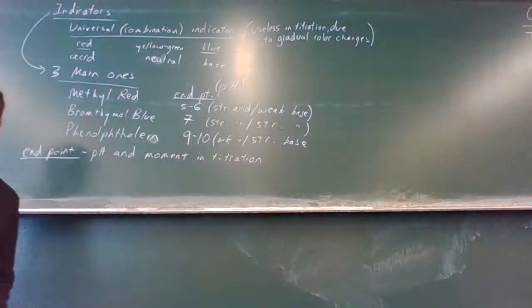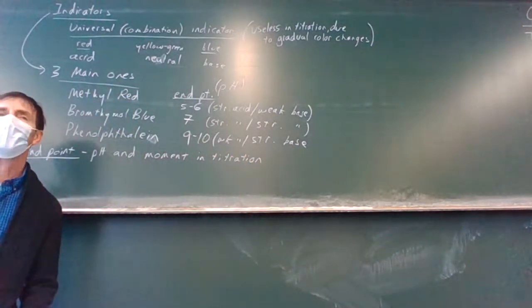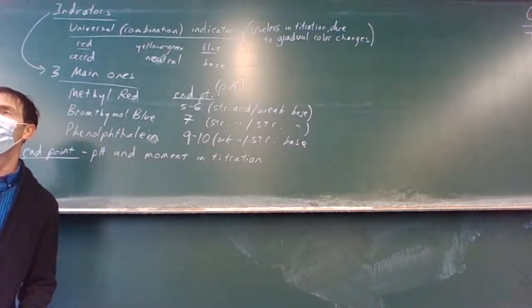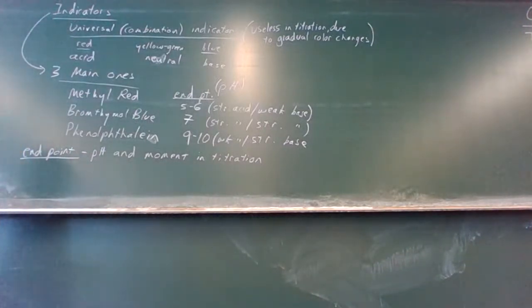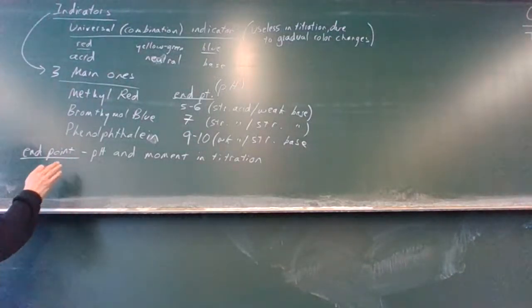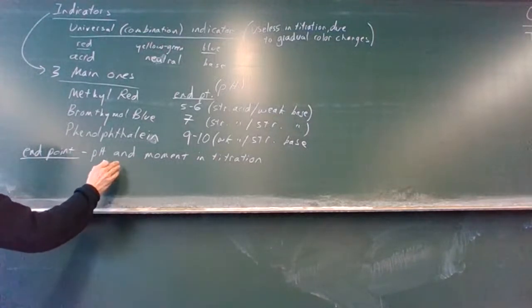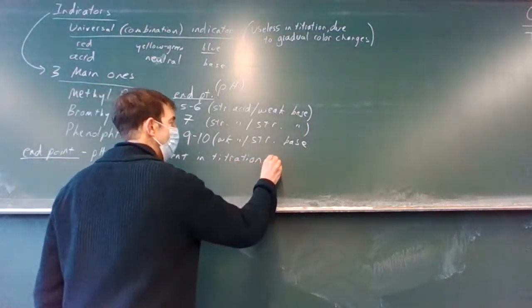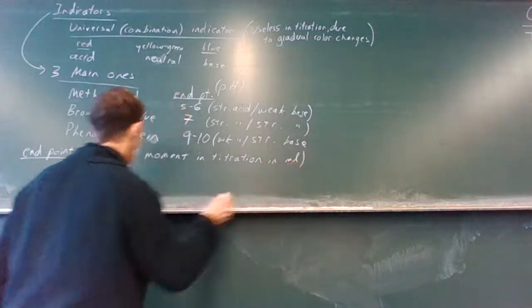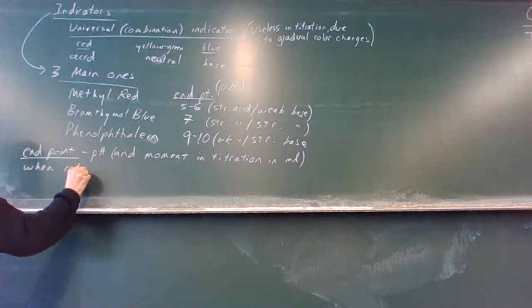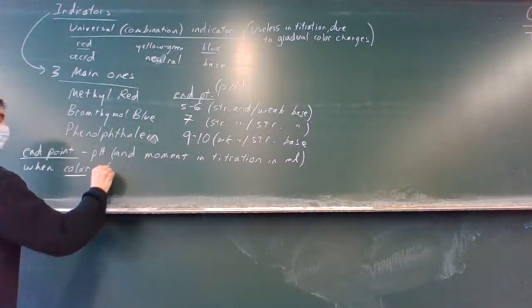Chemists will often say, at how many milliliters did you reach the endpoint? In other words, when did your solution turn color? After how many milliliters of titrant, we could say in chemistry language. So it's pH and the moment in the titration, in milliliters, when the color change occurs.